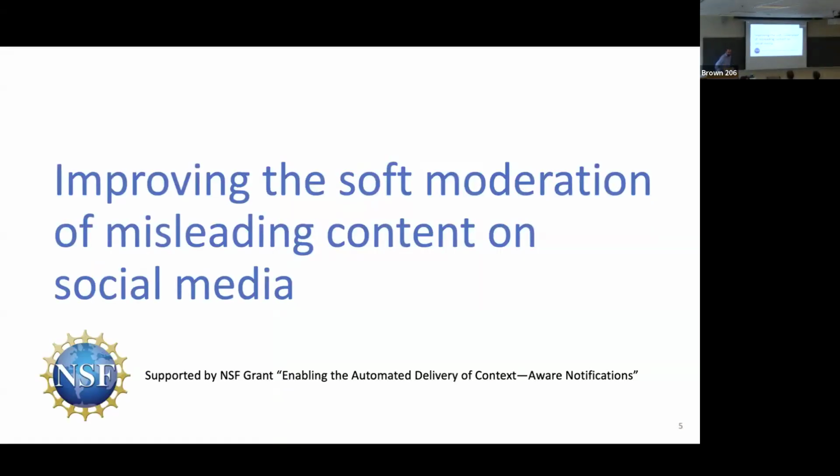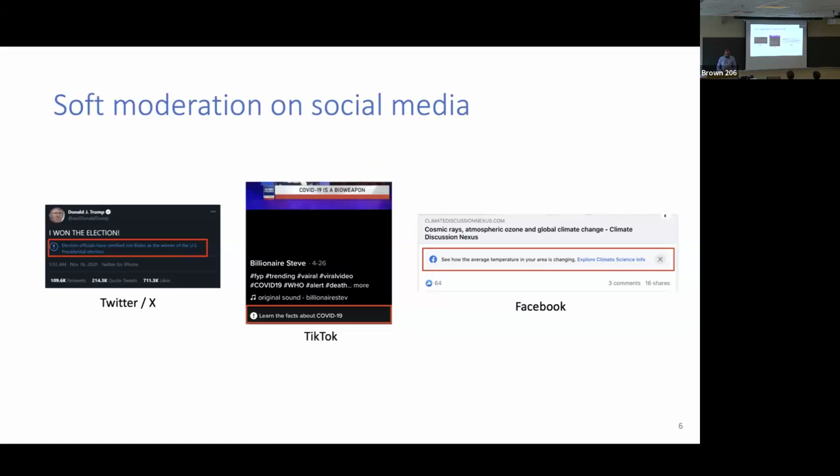So let me start with the soft moderation topic. You probably saw that many social platforms started putting warning labels on content that they consider to be false, or something that people should pay attention to.